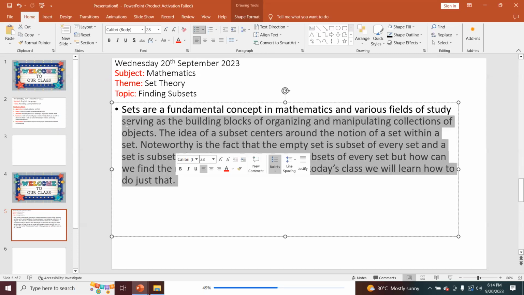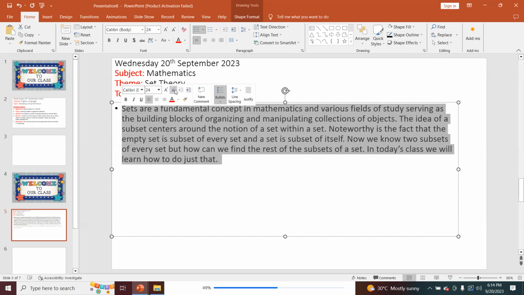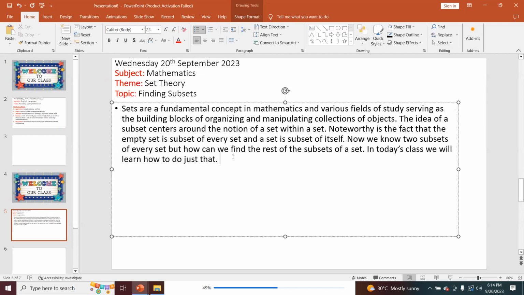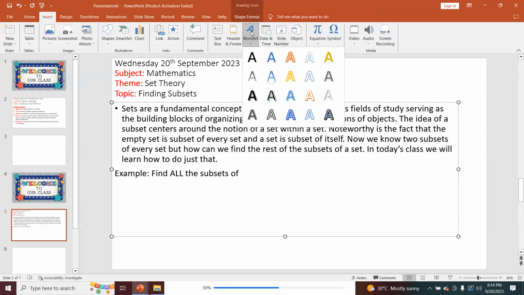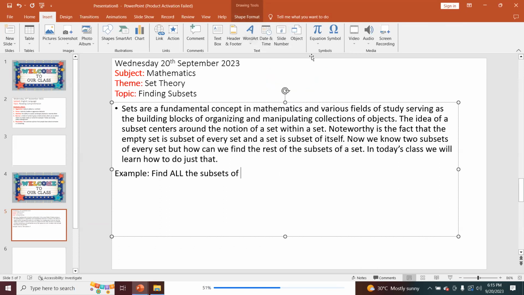The way I'm going to explain this is using an example. Consider the following example: find all, the key word here is all, the subsets of this set. Let's say we have a set A. You can't leave any out.